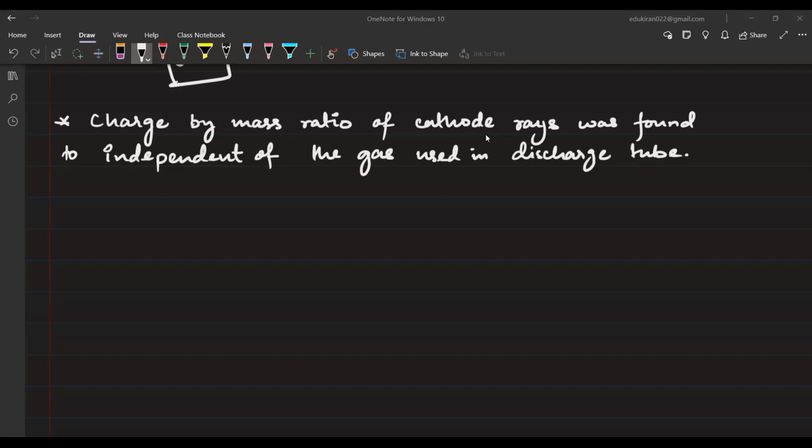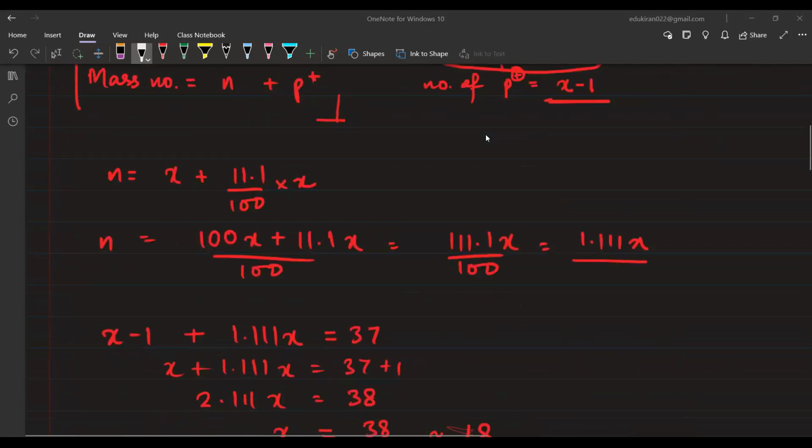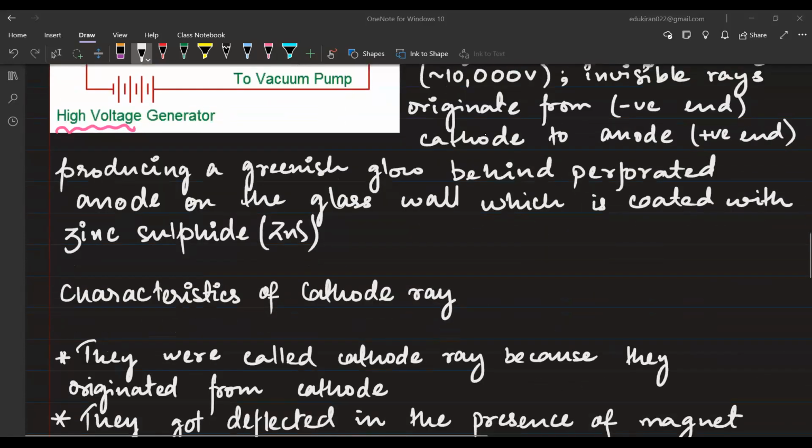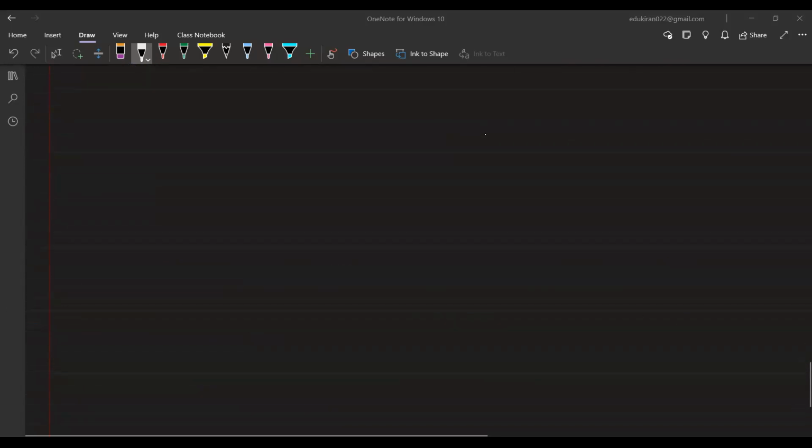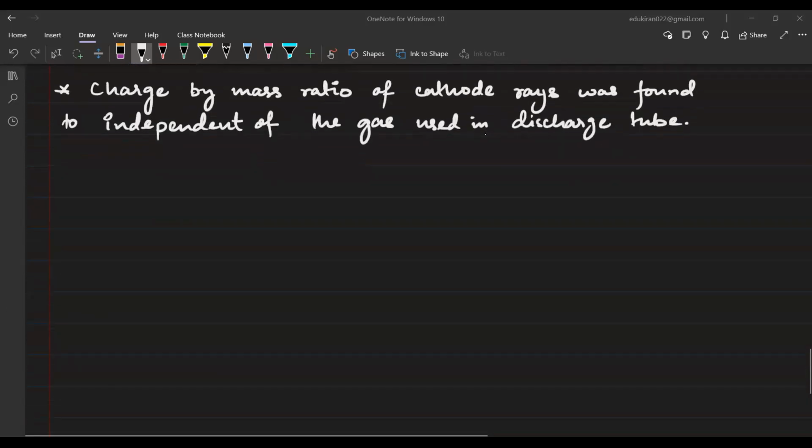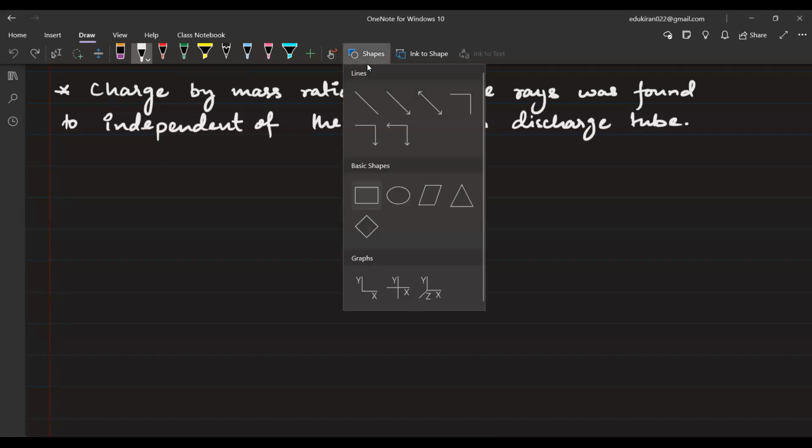It's very nice. Now, J.J. Thompson was the one who was doing these experiments. This cathode ray experiment was done by J.J. Thompson. And when J.J. Thompson saw that the charge by mass ratio is the same, that means we have a particle which is there in each and every element. And that particle is negatively charged.